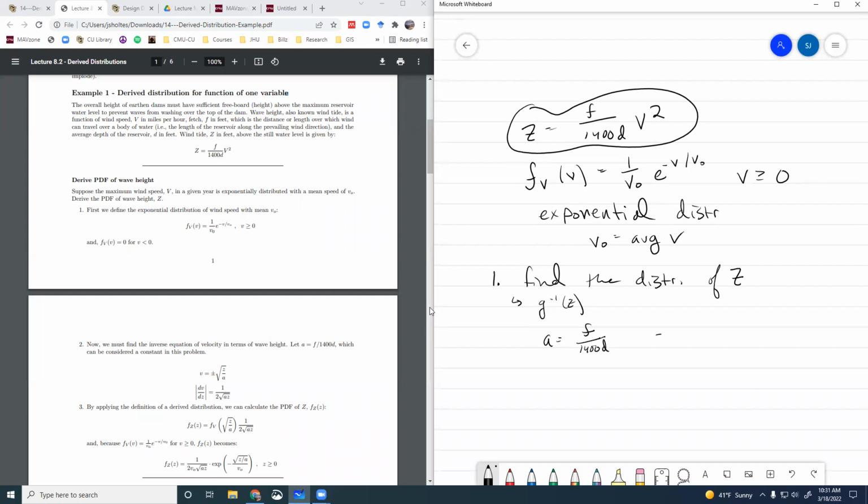All right. So now we get Z is equal to A V squared. And then with our inverse equation, V is equal to the square root of Z over A. So step one, a little bit of algebra. We'll take the derivative of it.